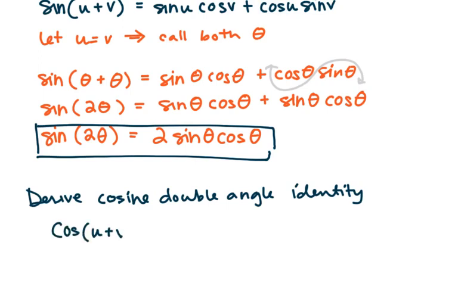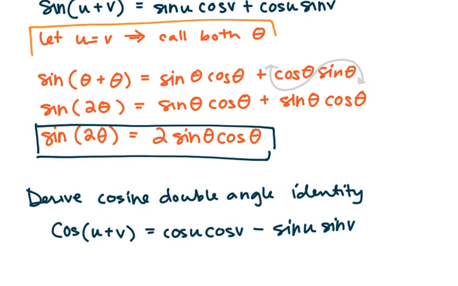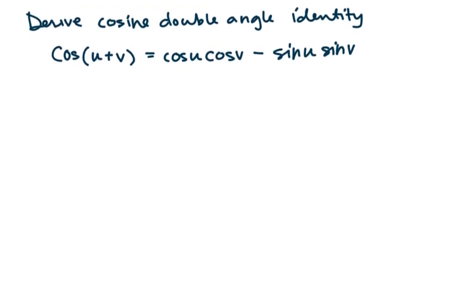Cosine of u plus v is cosine u cosine v minus sine u sine v. This is just an identity that I know. And we're going to do the same thing: let u equal v, and we will call both of them theta.